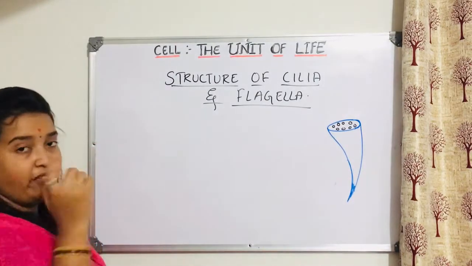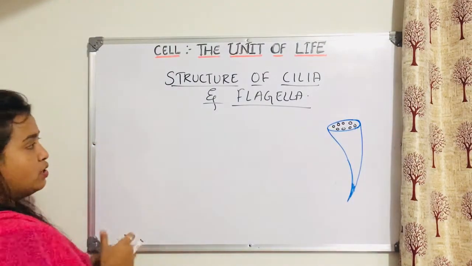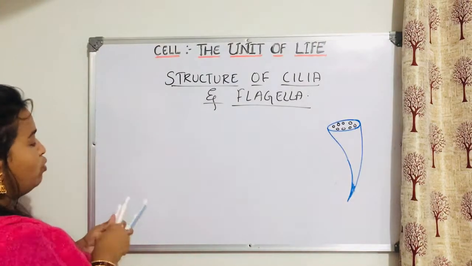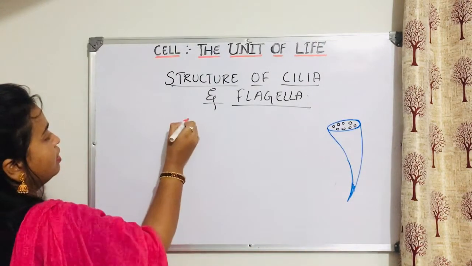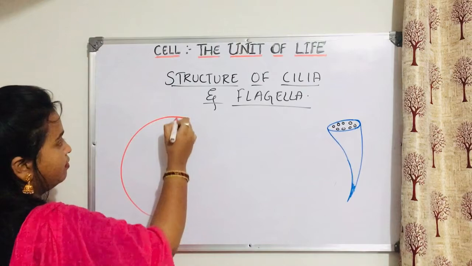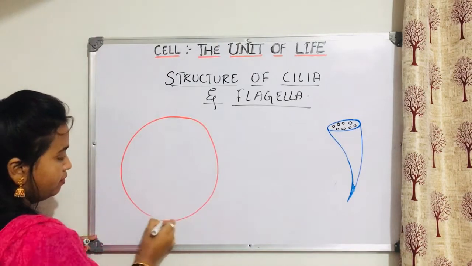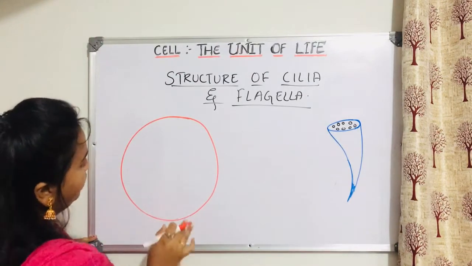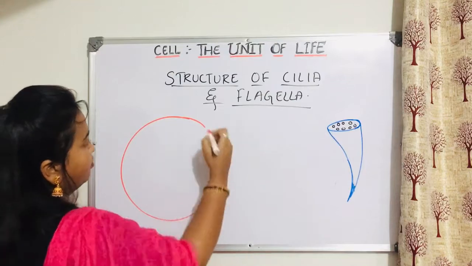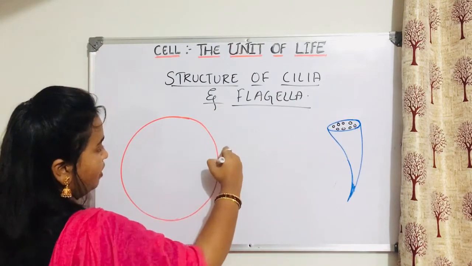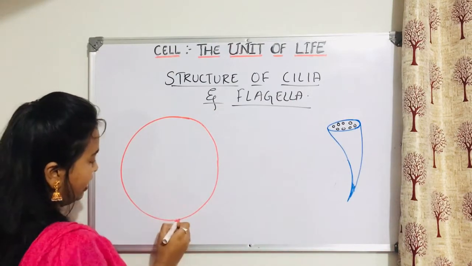In your textbooks they have given one internal structure. Outside, it is a circular thing, not a perfect circle. Anyways, if you understand the concept, that's great.